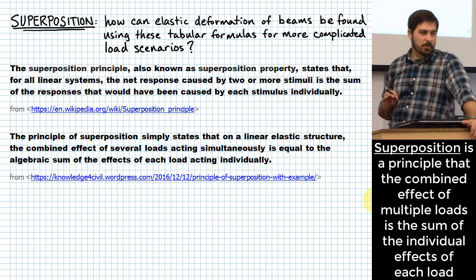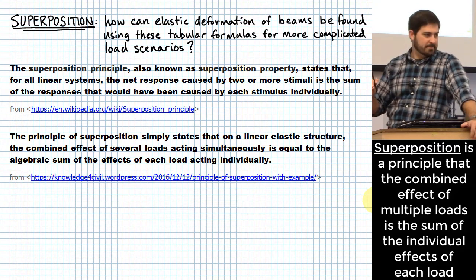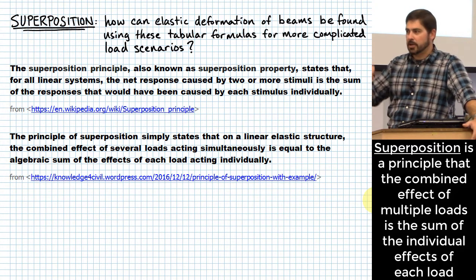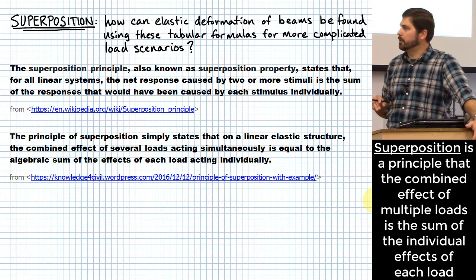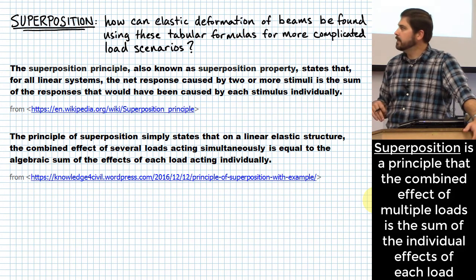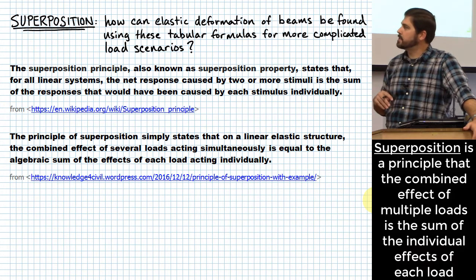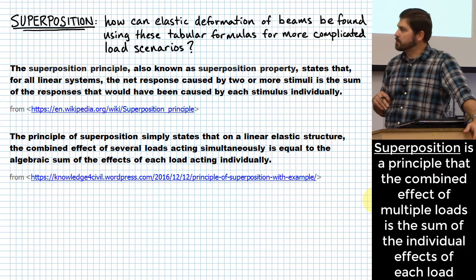In other words, you apply double the load, you're going to see double the deflection, right? Everything's linear in here as long as you assume the small deflections that I assumed earlier when we were working on this, okay? More specifically for what we're doing, I use this other definition here. The principle of superposition simply states that on a linear elastic structure, the combined effect of several loads acting simultaneously is equal to the algebraic sum of the effects of each load acting individually.